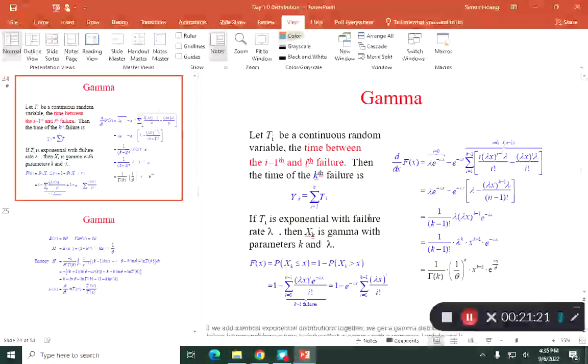I'll wait until the second one and consider that the failure time. Or I can say that one failure is not a failure, two failures is not a failure, until the third failure I consider the true failure. So the Ti is exponential.